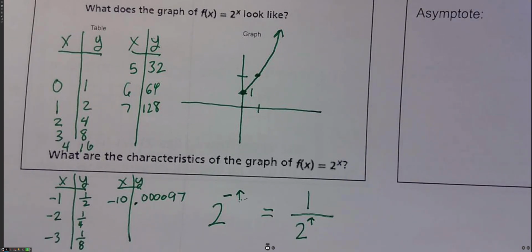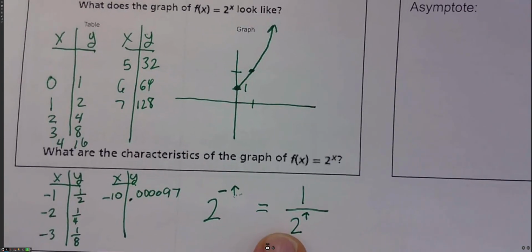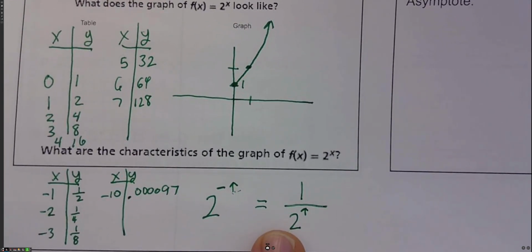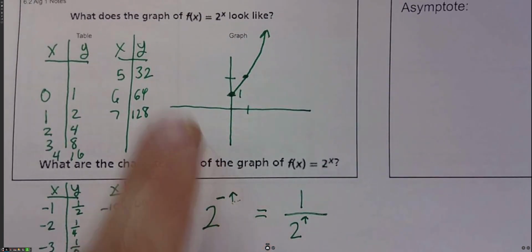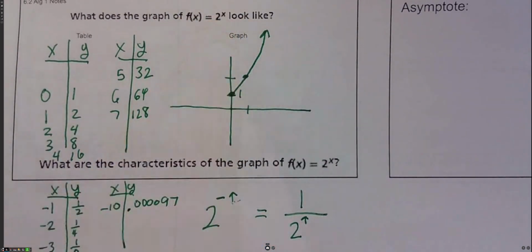Something that's not negative, but it's still positive. Can this ever become negative? No. No matter what number I plug in here for the exponent, this will never become negative. But it gets super close to what?